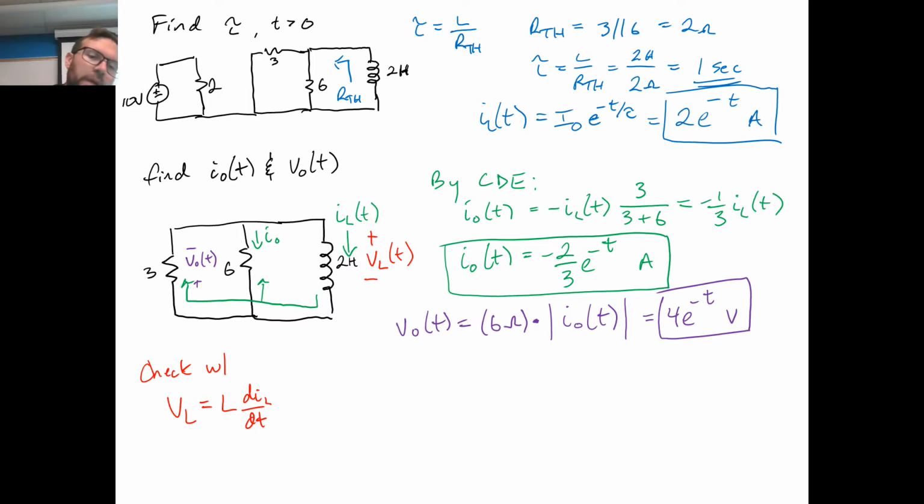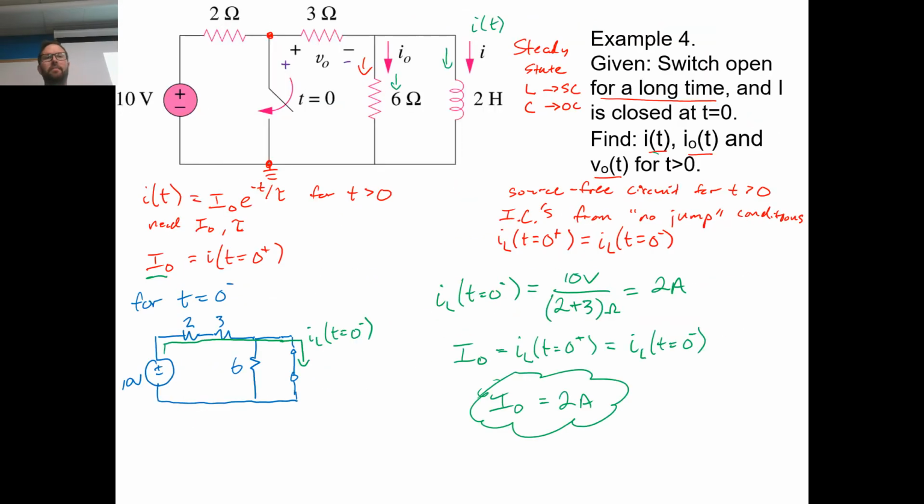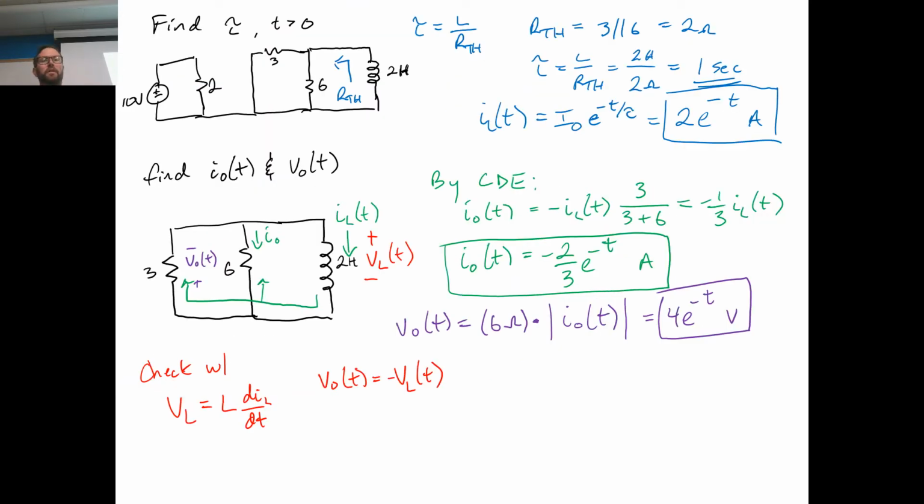When we see it that way, we notice that V naught of t is equal to a negative VL of t. The problem was drawn with that polarity across the 3 ohm, which is why we use the magnitude of I naught of t, and we're relating this flip to the flipped polarity across the inductor.